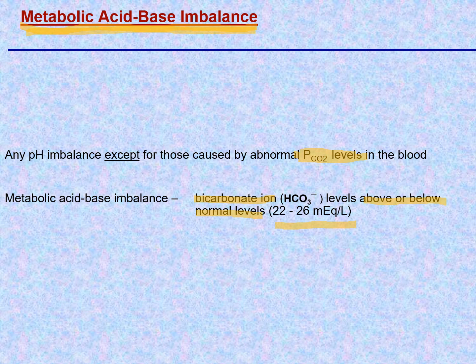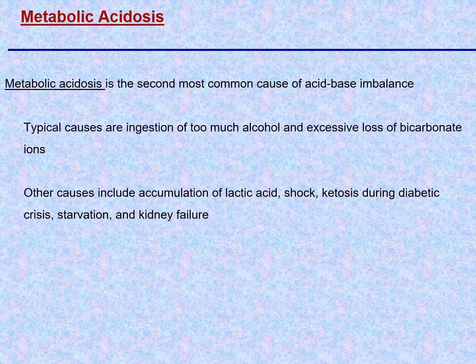And let's look at particular examples of that. Metabolic acidosis is the second most common cause of acid-base imbalance. So the first was respiratory acidosis, and the second is metabolic acidosis. Those are the first and second most common acid-base imbalances that occur in people. The typical cause is ingestion of too much alcohol and excess loss of bicarb.